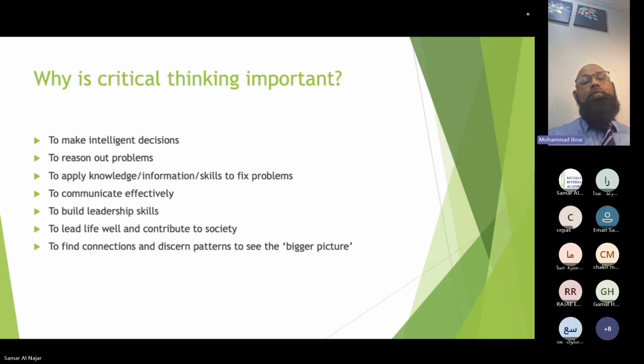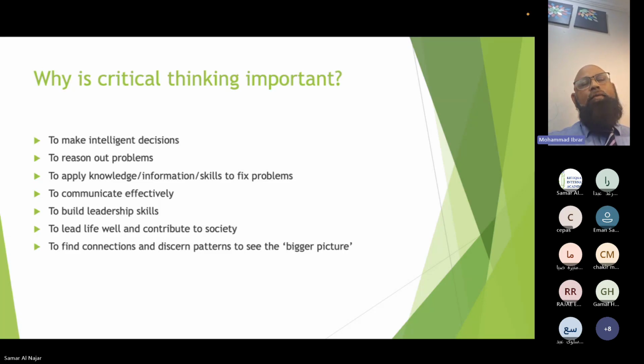Now, why is it important? It's important because it helps you make intelligent decisions. It helps you take the right decisions at the right time. And if there are problems, it helps you figure out problems and fix those problems.